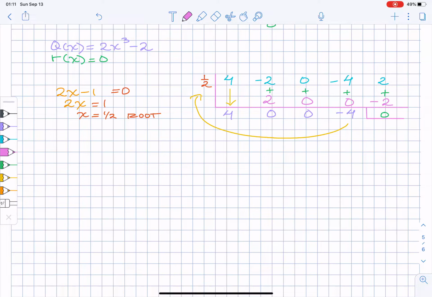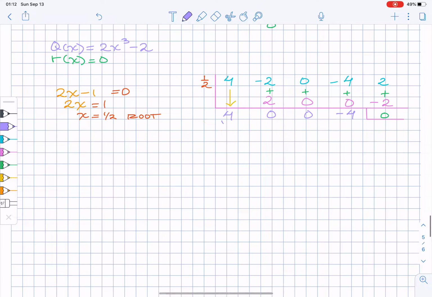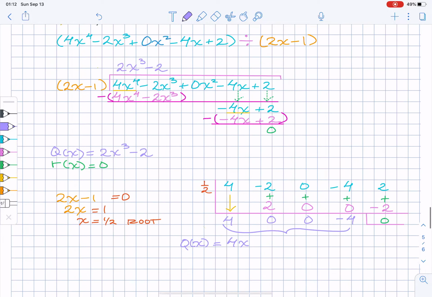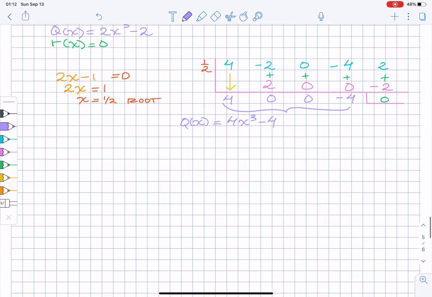Okay. So the issue was that I needed to divide each of these by 1/2. So my quotient, right now, you would think the quotient is 4x to the, well, 1 power less will be cubed, then -4, because I have 0.